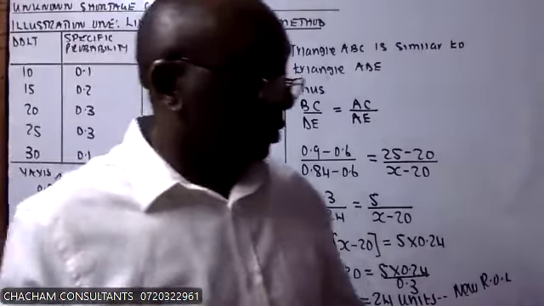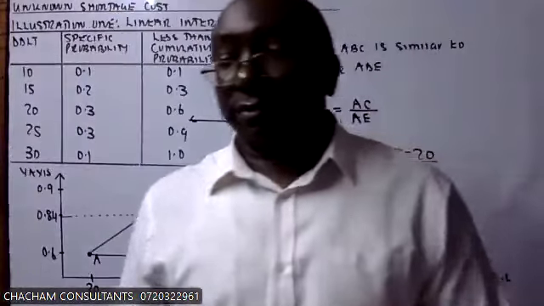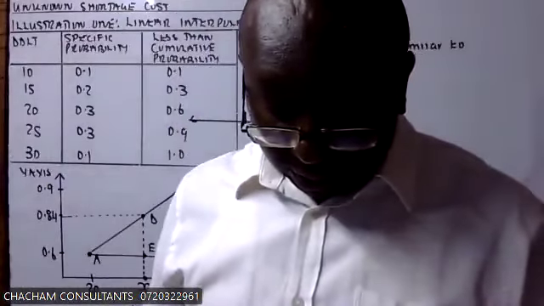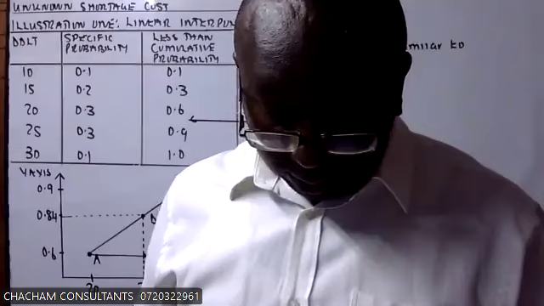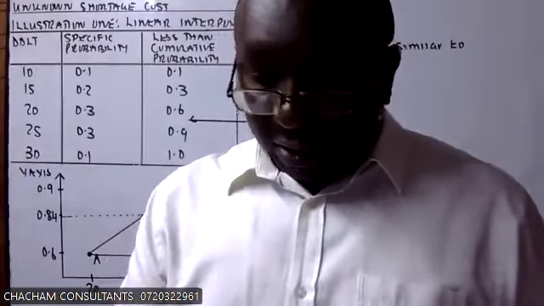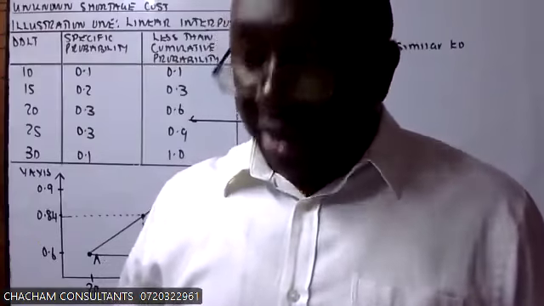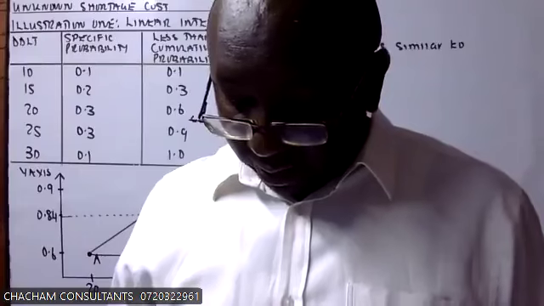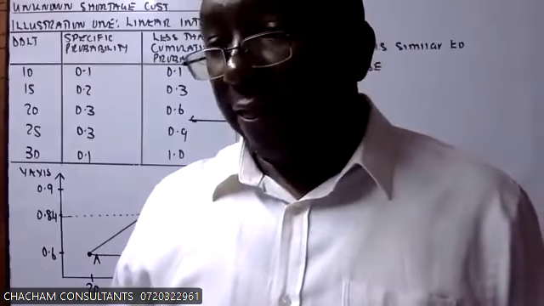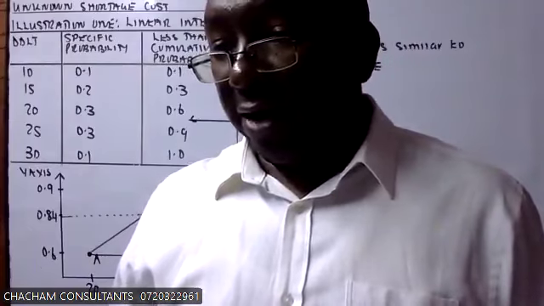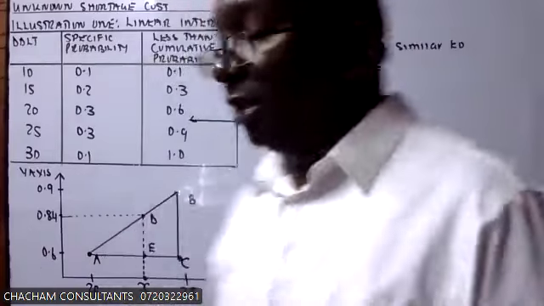So, is there any question? If we are okay with that, Teacher, why do I get X to be 2.4? There is somewhere you are making a mistake. It can't be 2.4.